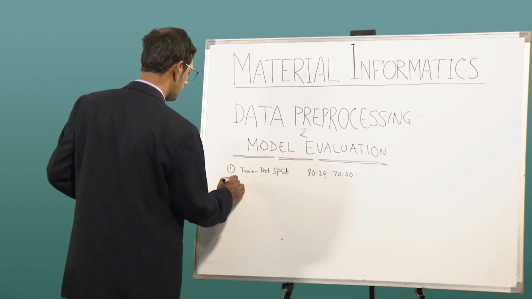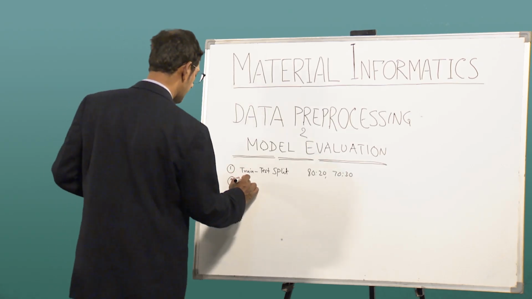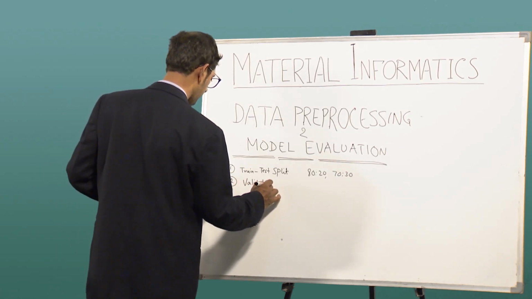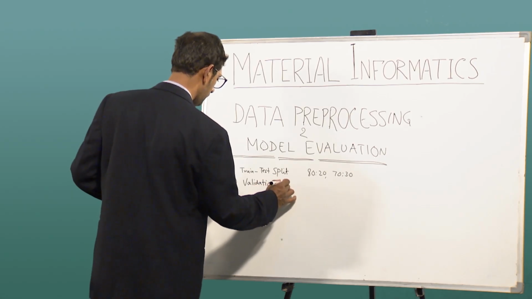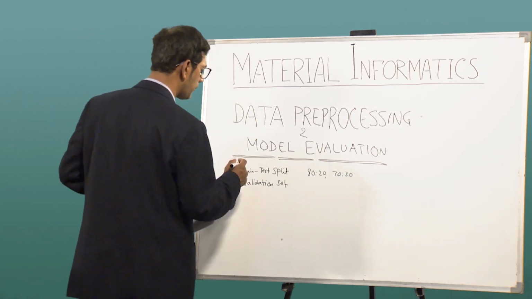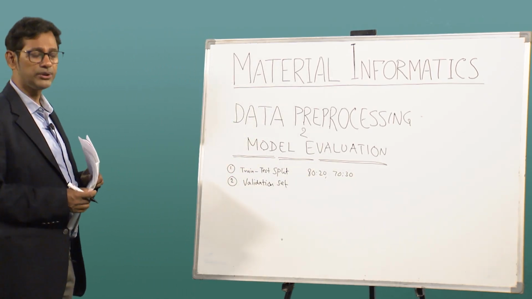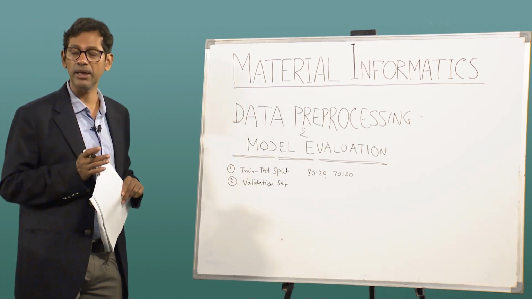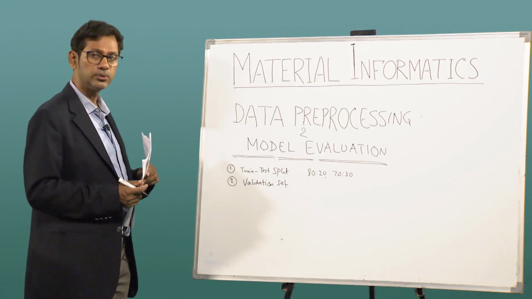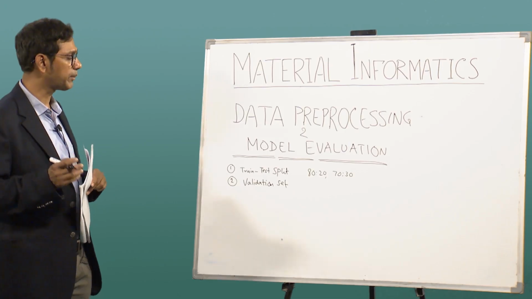What is the second thing you do? The second thing is very important, called a validation set. This is sometimes optional, but it is recommended. In many cases you need to do some kind of tuning of the model, like hyperparameter tuning, or with ANN models you have to do back propagation.